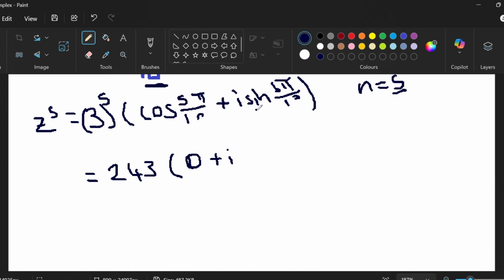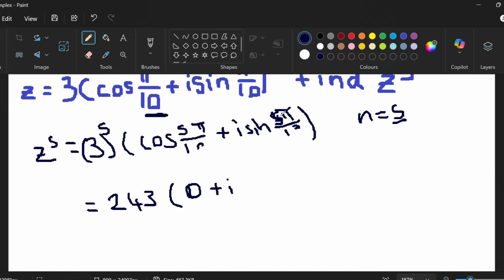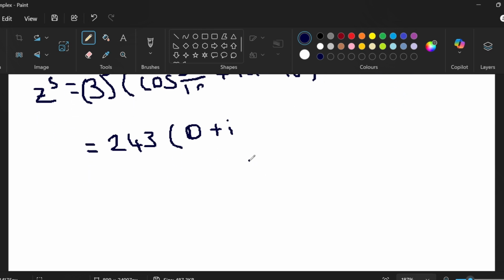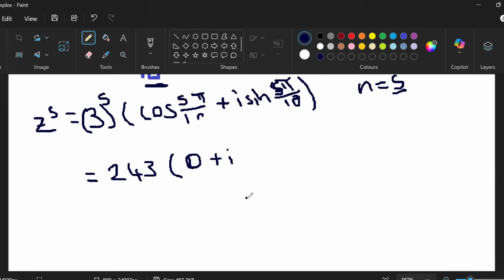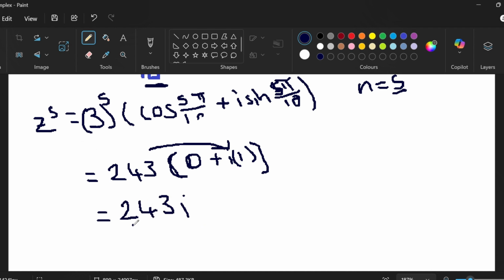Plus I times sine 5 pi over 10, which again, I can just plug into my calculator, and I get 1. So this is like I times 1. And then once again, if I simplify here, I get 243 times 0 plus 243 times I. So my answer for z raised to the 5th power is 243i.